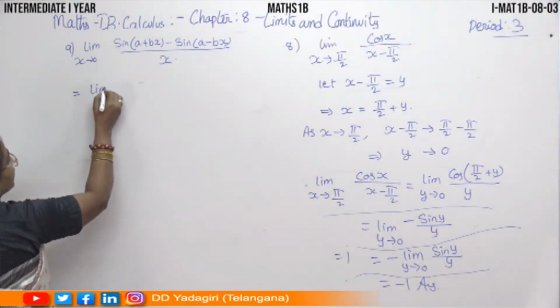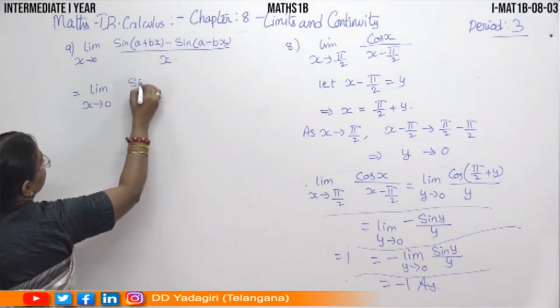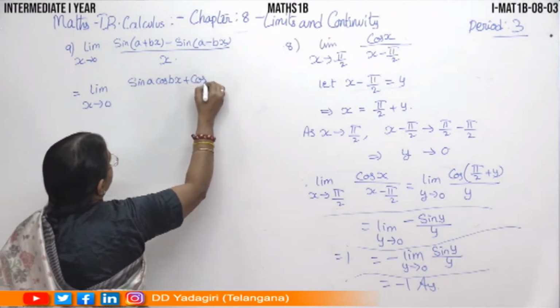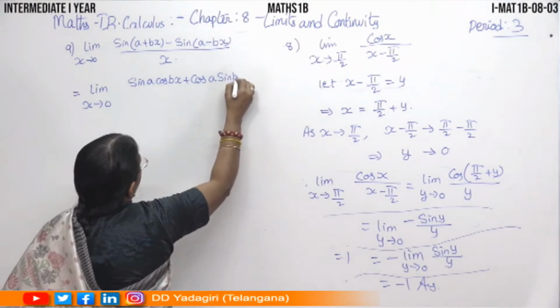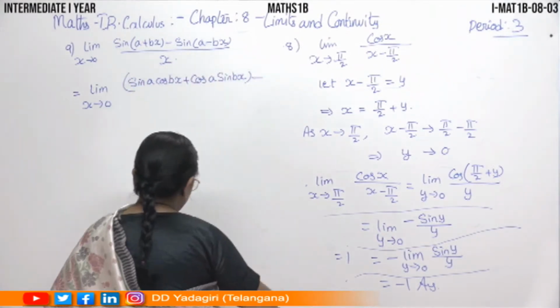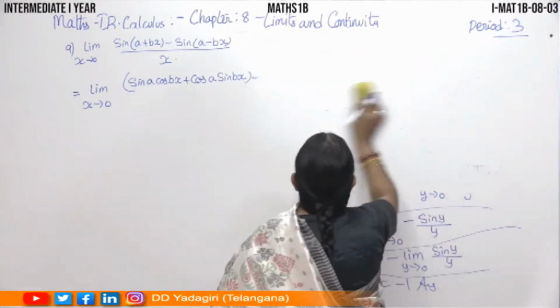So limit x tending to 0 of sin a cos b, when you write the formula, sin a cos b plus cos a sin b, and then this formula sin a minus b. Sin a minus b is sin a cos b minus cos a sin b.